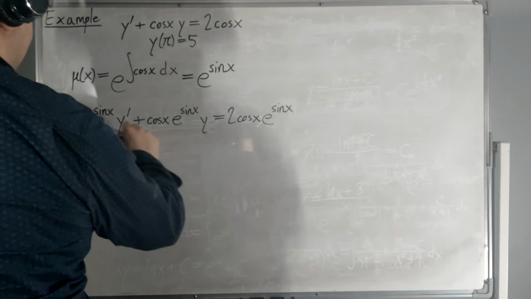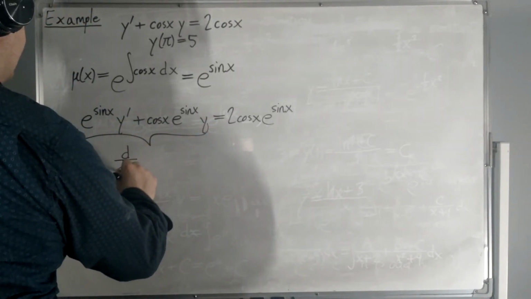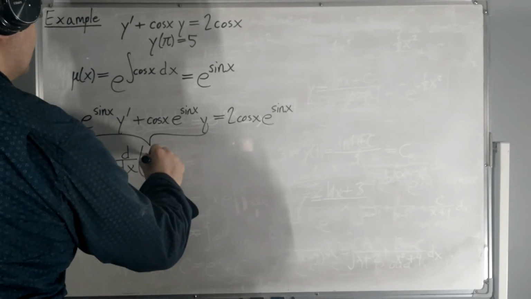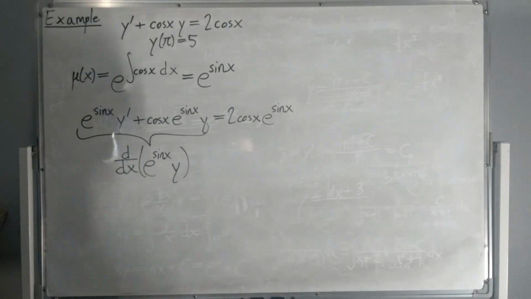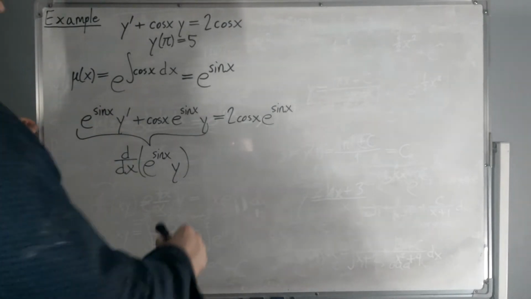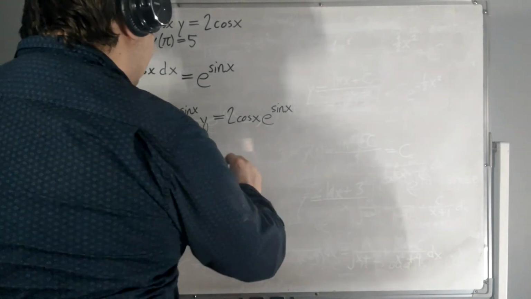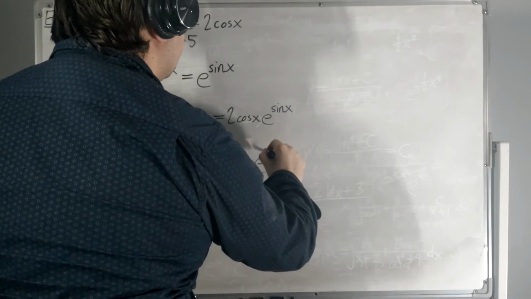The left-hand side is already rigged so that it will be the derivative of the integrating factor times y. And then that is equal to 2 cosine of x e to the sine of x.